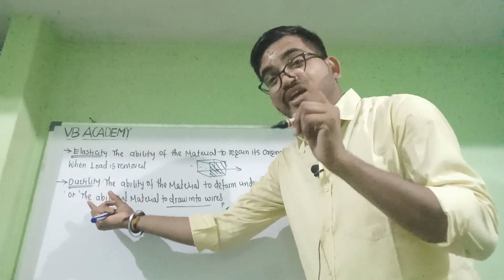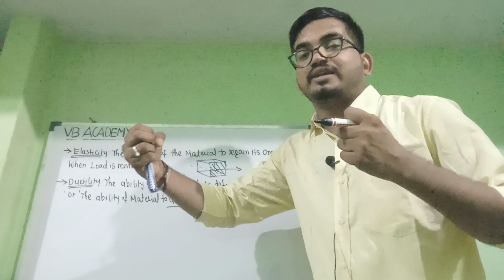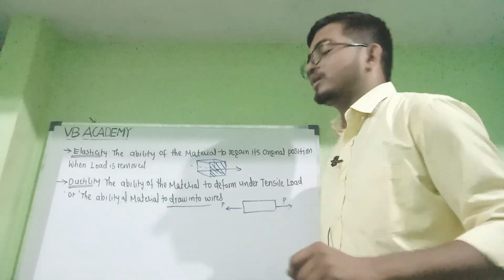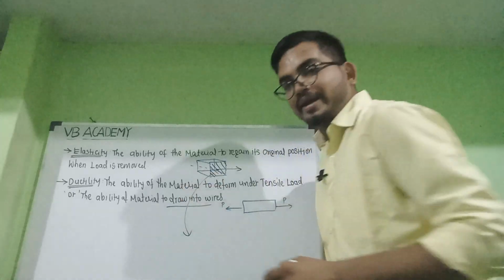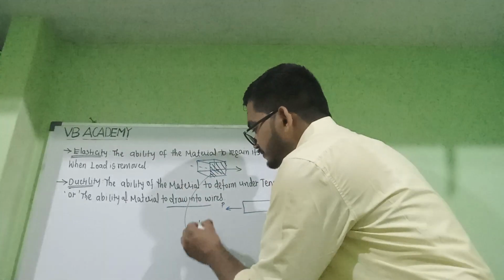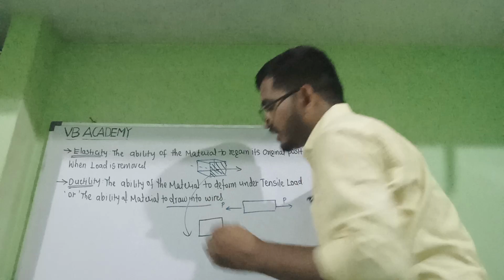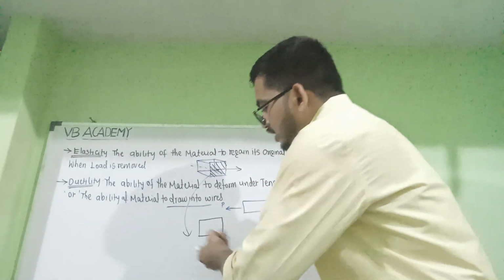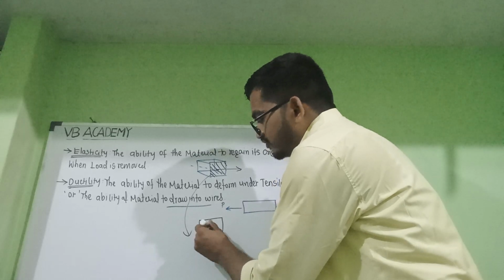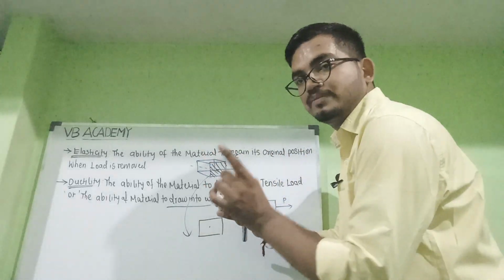So if you apply this normal load, it will not deform easily, meaning it is very strong along that tensile load. Then one more load you can apply here. I am magnifying this diagram. Say this is the area of cross section. Till now we applied the force perpendicular to this board.